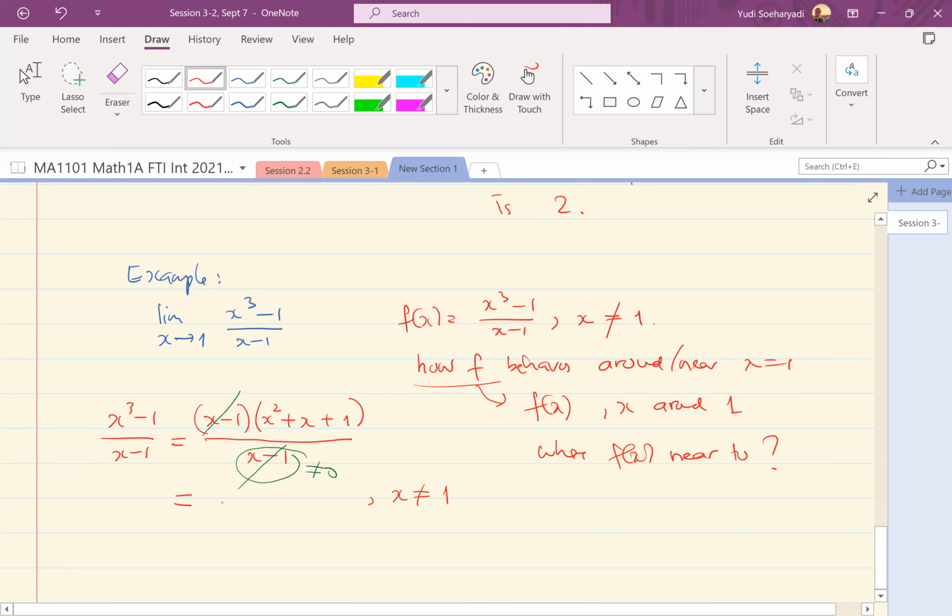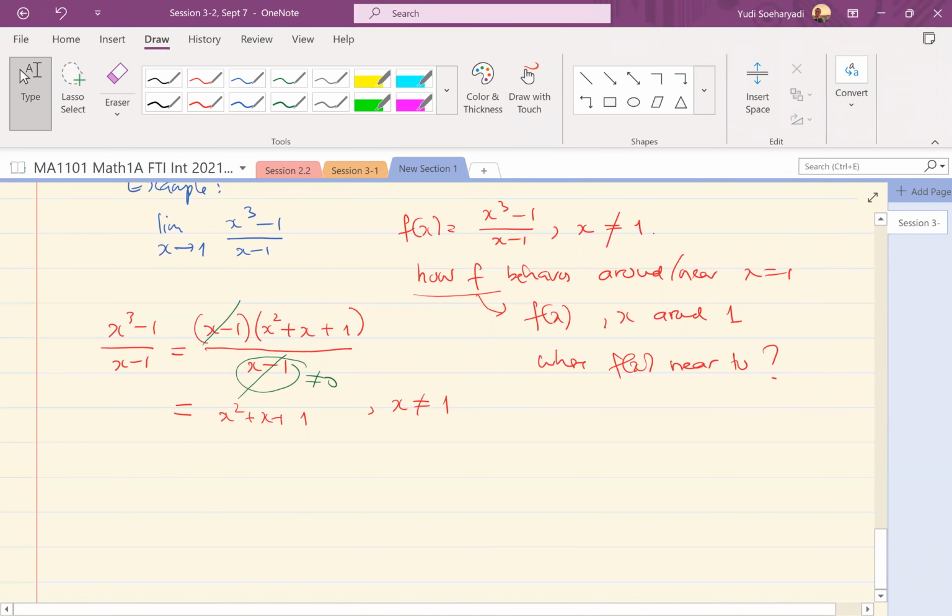So you end up with x squared plus x plus 1. Okay, but this term now is defined for x equals 1.